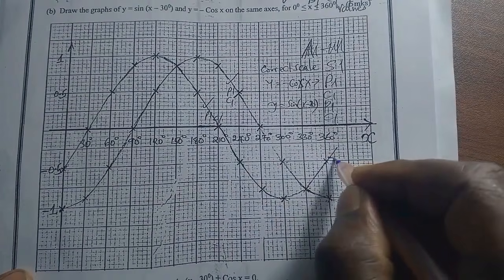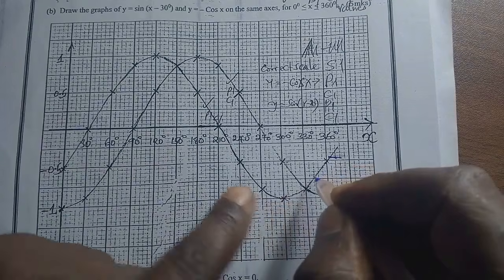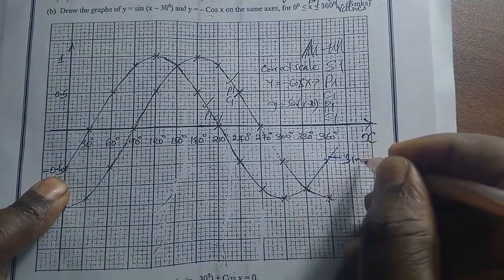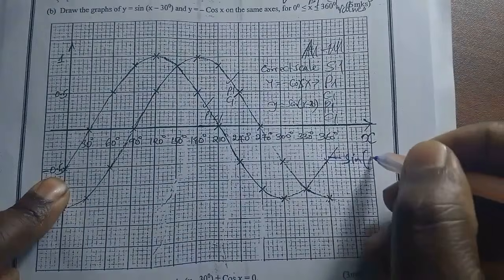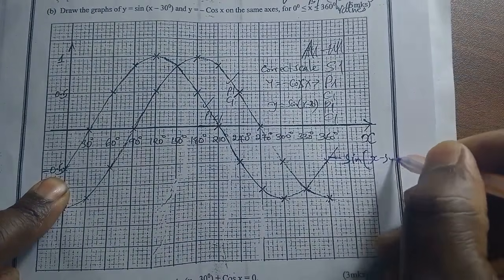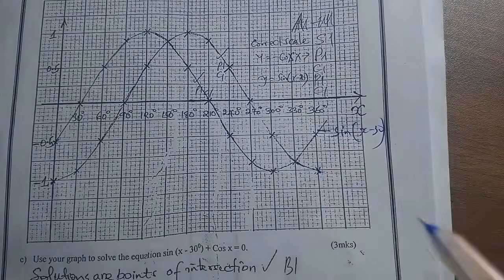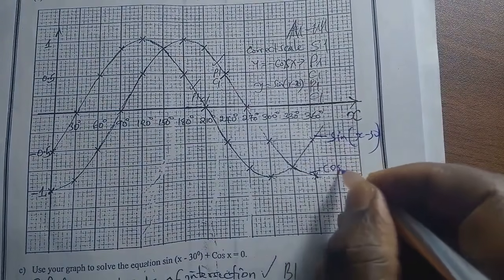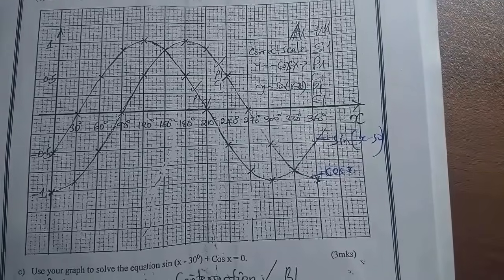Like this, you label and say this one is for sine of x minus 30. This graph here is for negative cos x. That is labeling. Remember to label that for you to score all of the 5 marks.